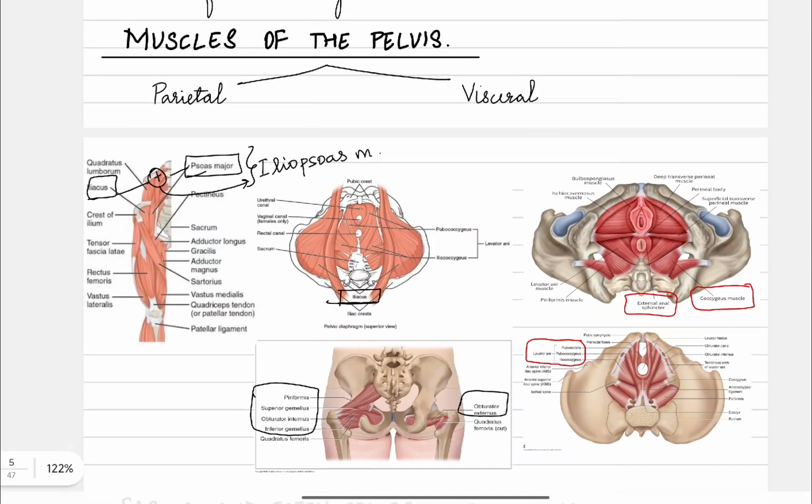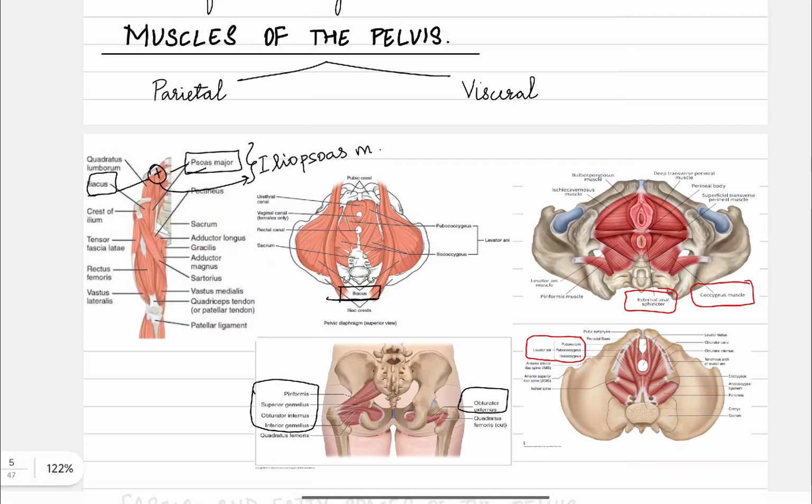Now muscles of pelvis. What are those? There are two differentiations, parietal and visceral. In parietal, there is iliacus and psoas major. Now this iliacus and psoas major make iliopsoas muscle.